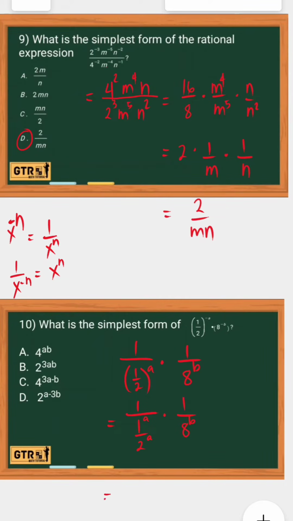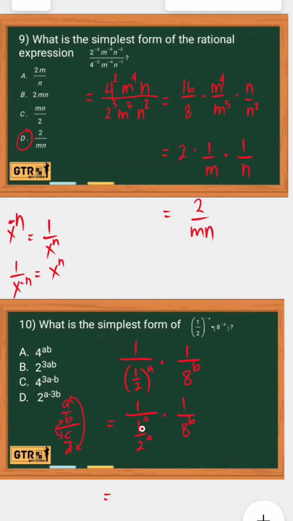Okay, so therefore, this is complex fraction. So 2 in the denominator will go to the numerator. Okay, so pupunta lang ito sa taas. Dahil ang shortcut kapag complex fraction, a over b all over c over d. So ang shortcut dyan, minumultiply lang natin yung dalawang taas, dalawang dulo, over dalawang gitna.